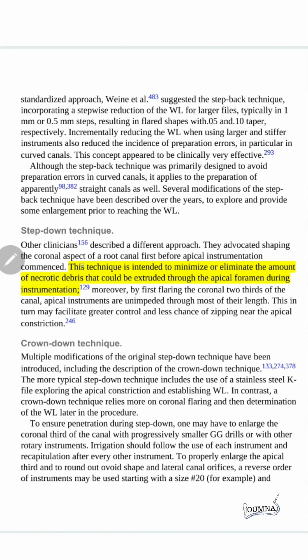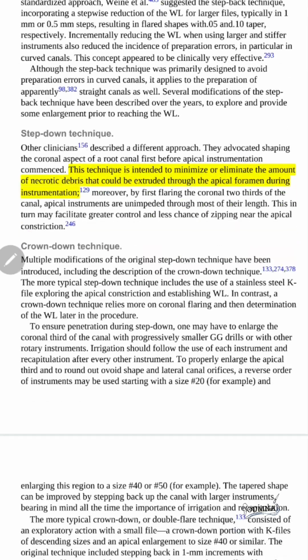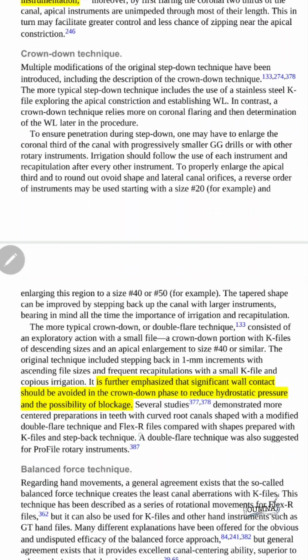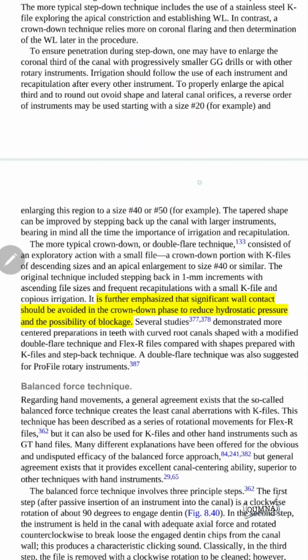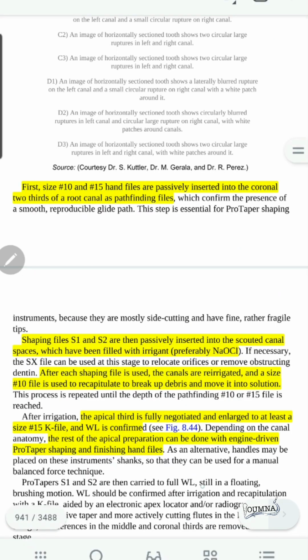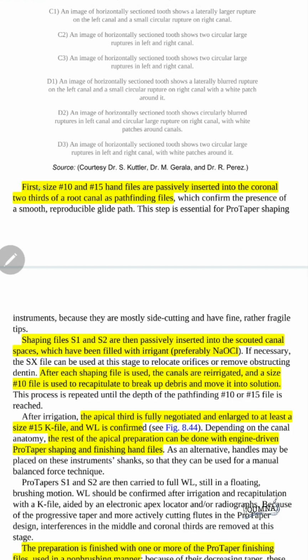The step down technique is intended to minimize or eliminate the amount of necrotic debris that could be extruded through the apical foramen during instrumentation. So we start by preparing the coronal part, then we extend to the apical part. Let's read the steps from the beginning.